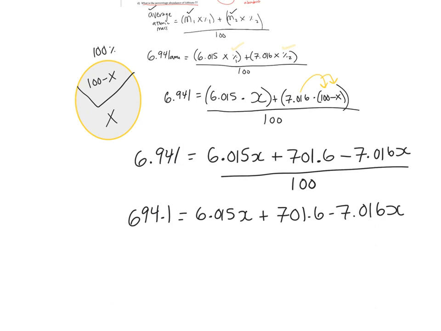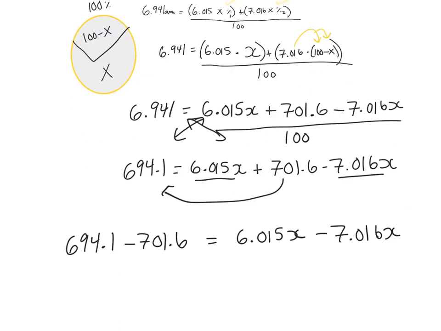If you cross multiply now, we will do 6.941 times 100. So this is my new equation. Now I will combine the x's together and move this number to the other side. When I move the number to the other side, the equation looks like this.